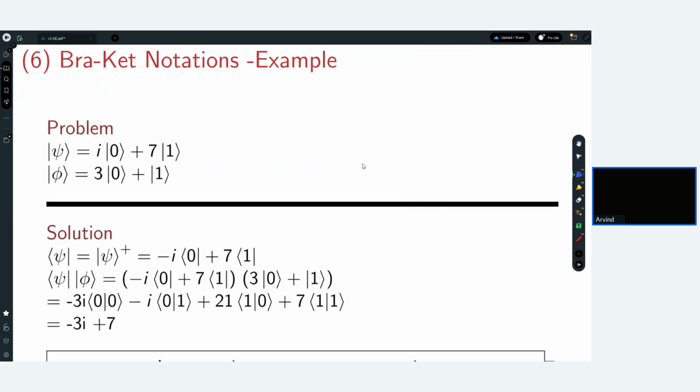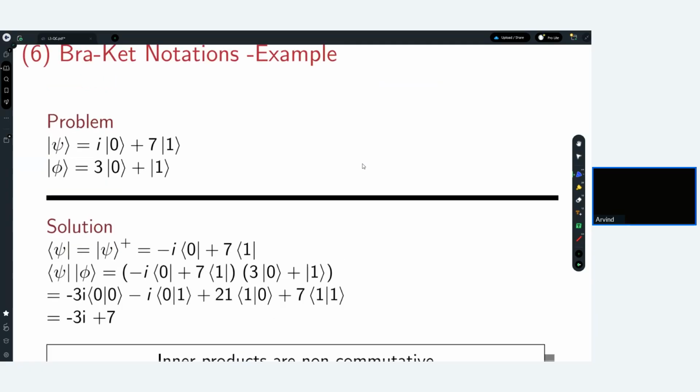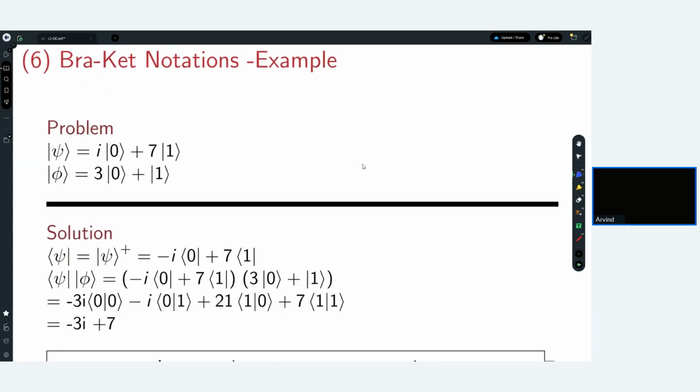Bracket notation, another example we will take. One more example we are going to see with respect to the bracket notations. Here the first term is ket psi, which is equal to I times ket0 and 7 times ket1. The second function is ket phi, which is 3 times ket0 plus ket1.